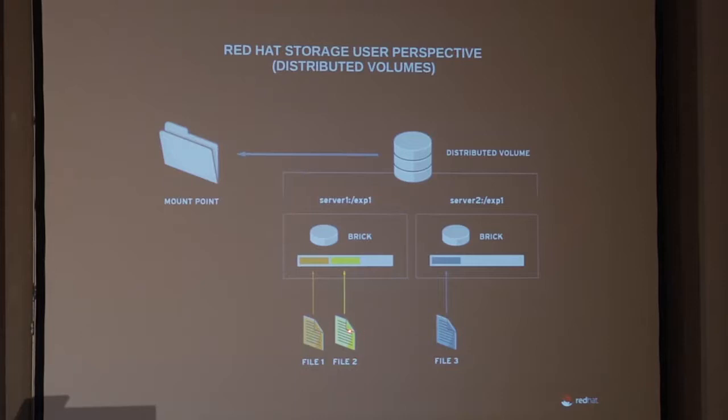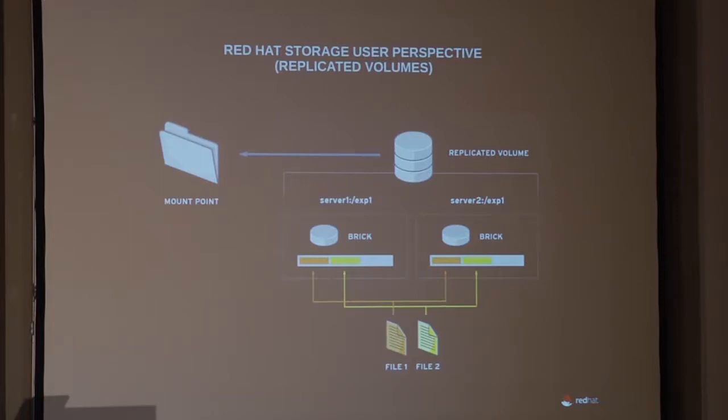For example, file 1 and file 2 are on export 1 in server 1, and file 3 happens to be in export 1 directory of server 2. So when this is mounted, you get a unified view of these 2 directories. From the mount point, you'd be able to see all the 3 files. So this is highly scalable. We support up to 64 nodes. And if you have storage attached to all those 64 nodes, all of that could be unified and presented as a single namespace.